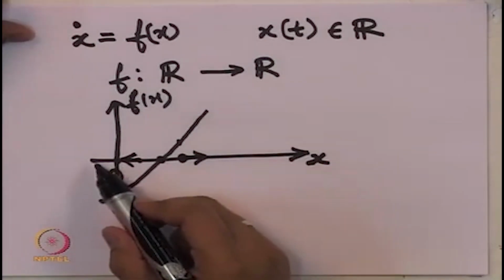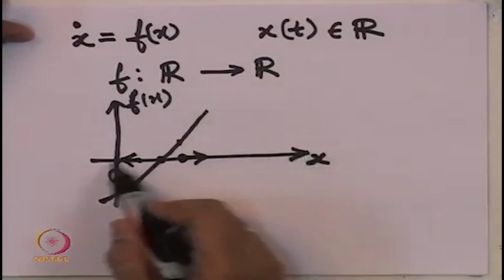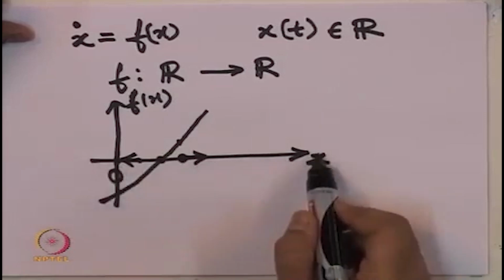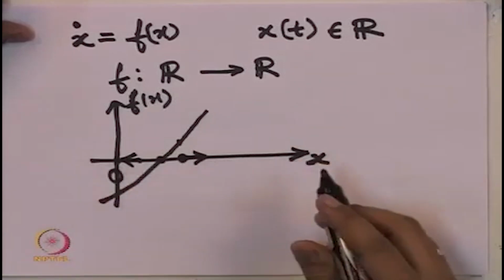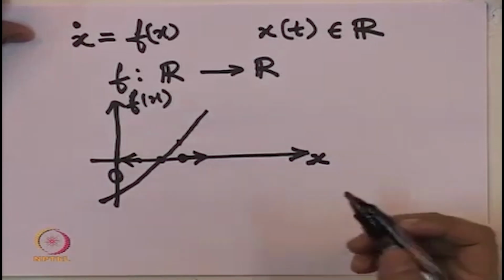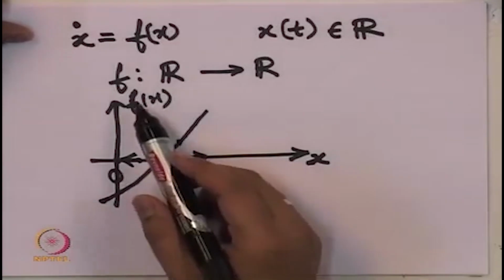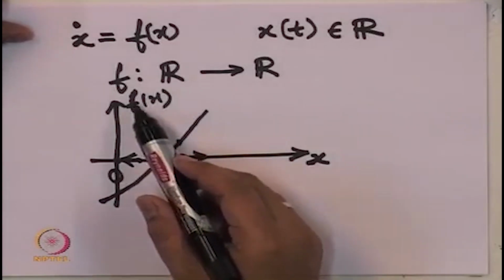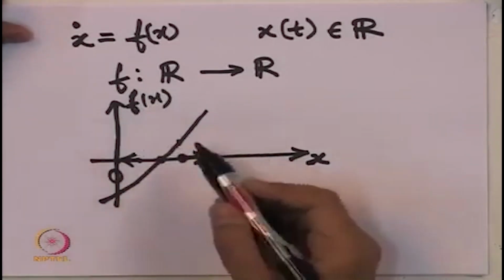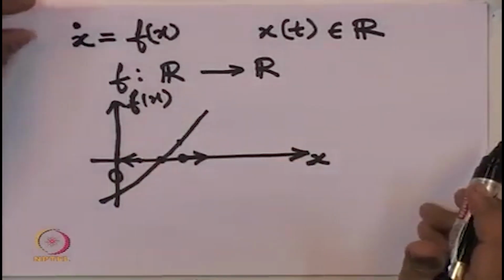So for the scalar case, when x has only one component, this line x is filled up with arrows either to the right or to the left. The special case is when the arrow has length 0, that is, when there is no arrow. All these can be drawn by just seeing whether f is positive, equal to 0, or negative. So we can plot a graph of f versus x.